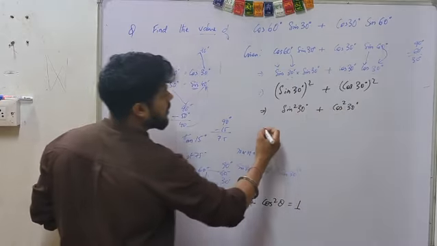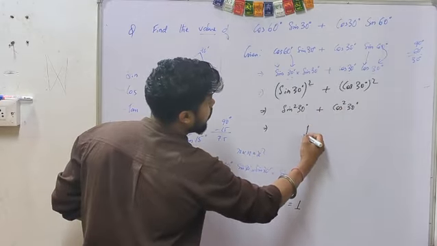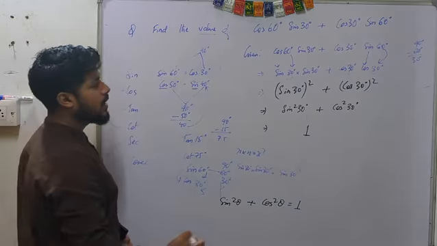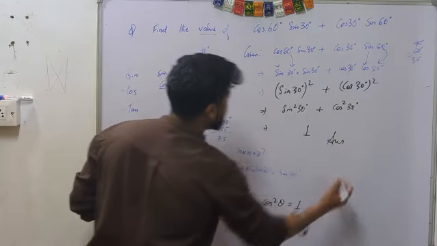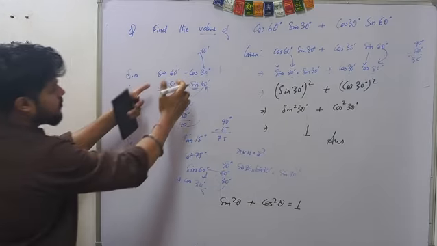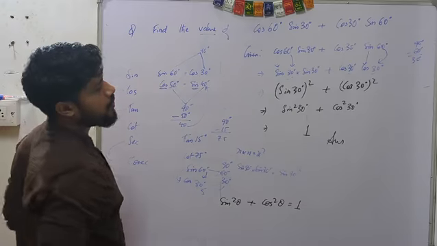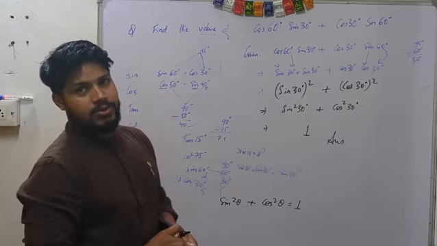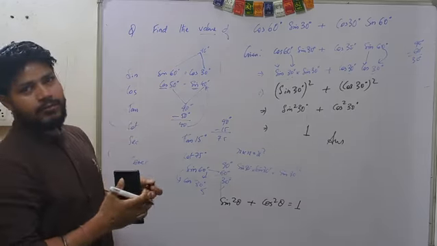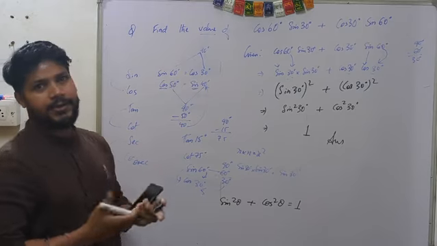Both the degrees are matching, hence you'll write down 1. So we got the answer. I have also explained the complementaries: what the complementary angles are, how to find them, and this is what you are going to do in the exam also.